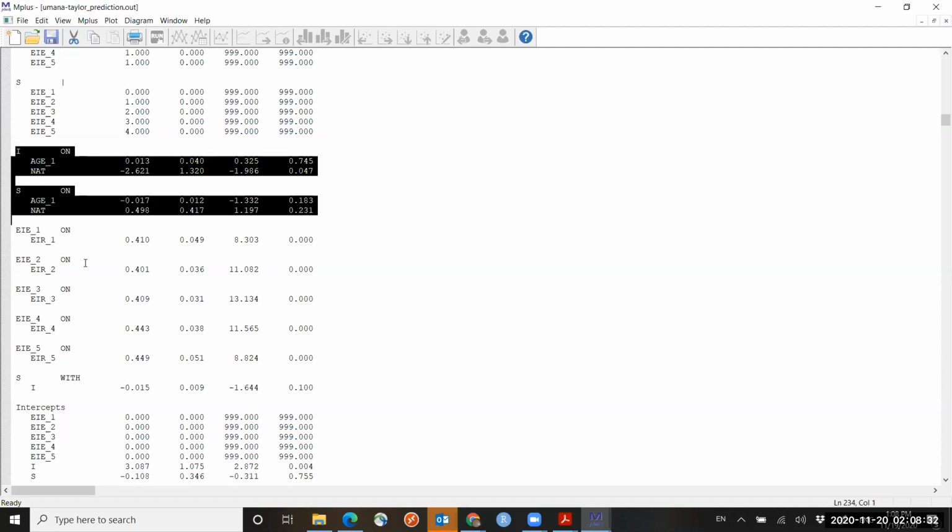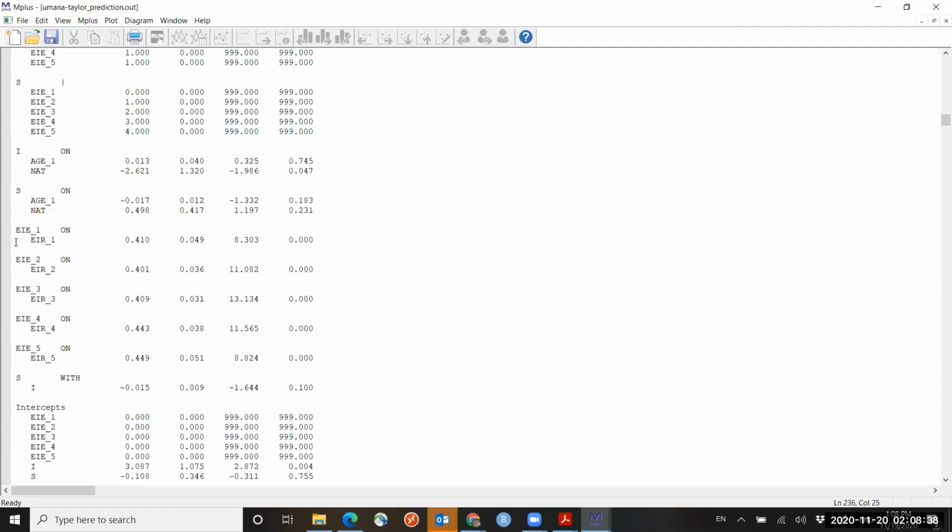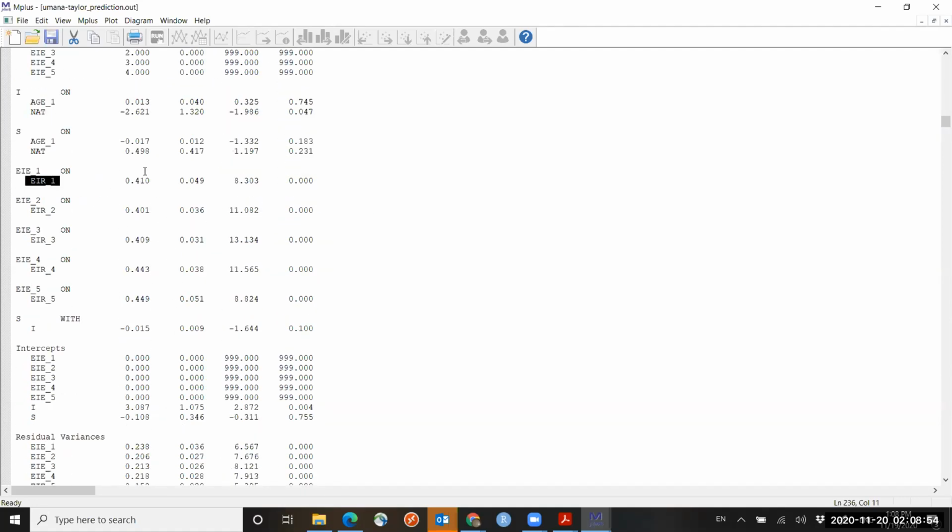Now let's look at the time varying covariate. We find that ethnic identity resolution has a significant relationship with ethnic identity exploration at each time point. Not only that, but the unstandardized coefficients are about the same.